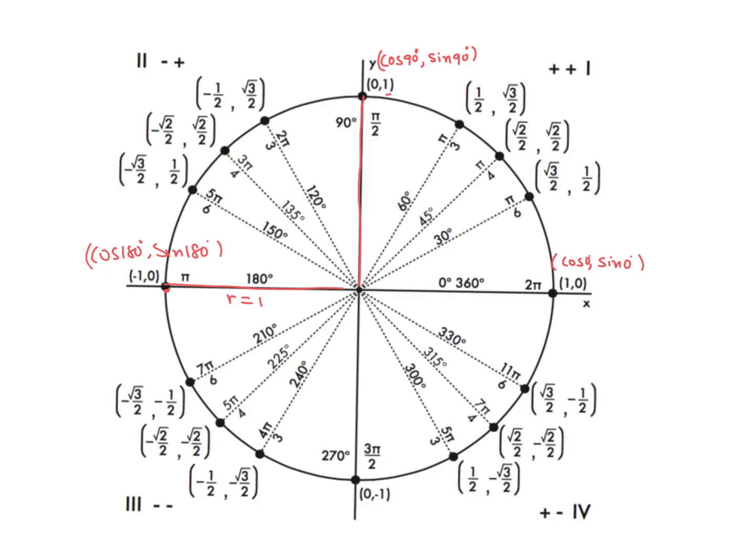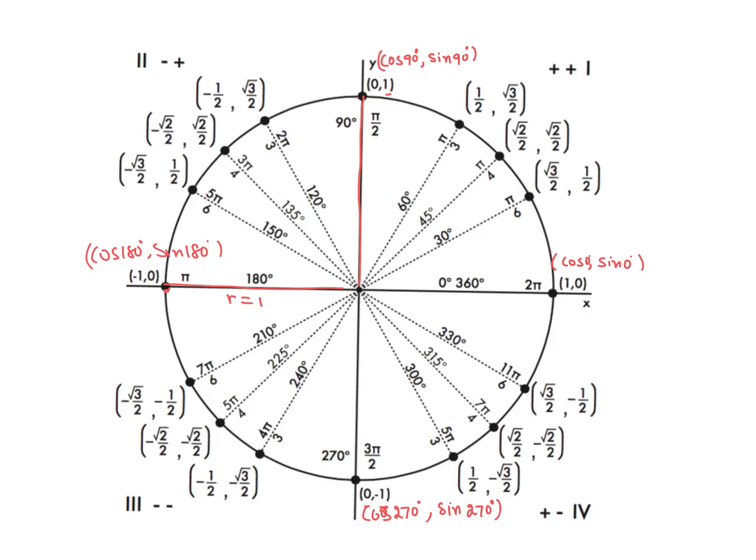For 270 or 3 pi over 2, again for this one, x is 0, y is -1. So cosine 270 comma sine 270.